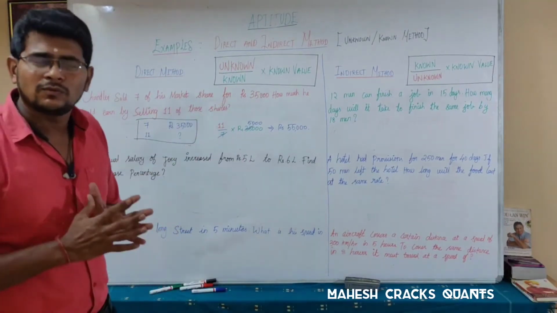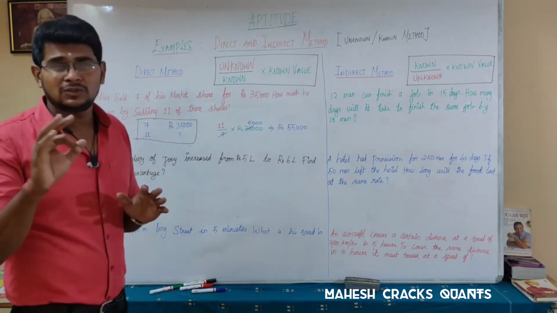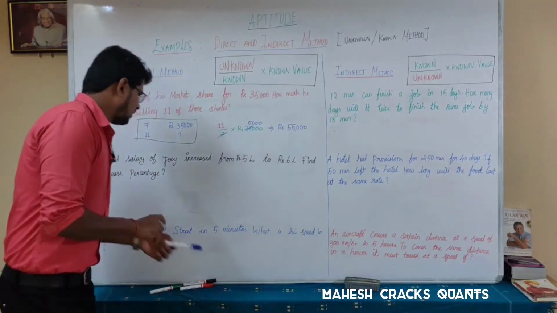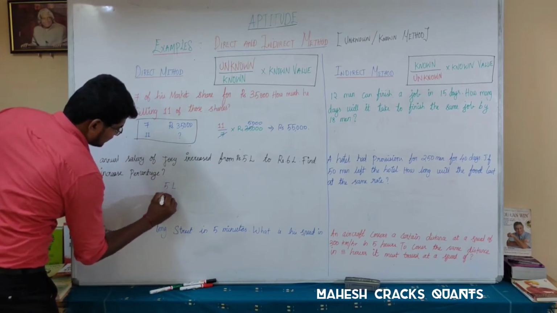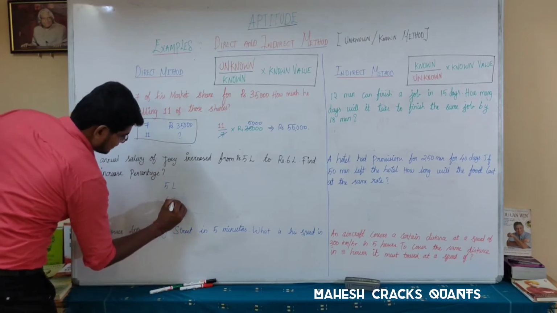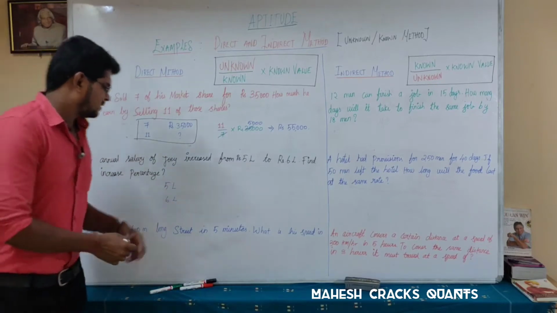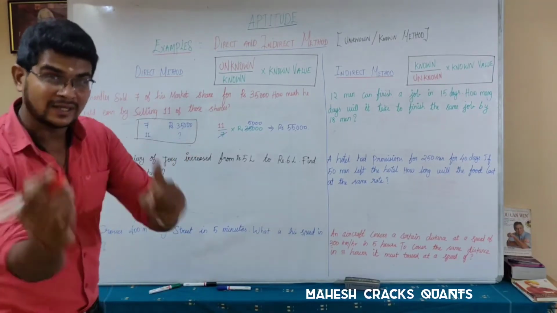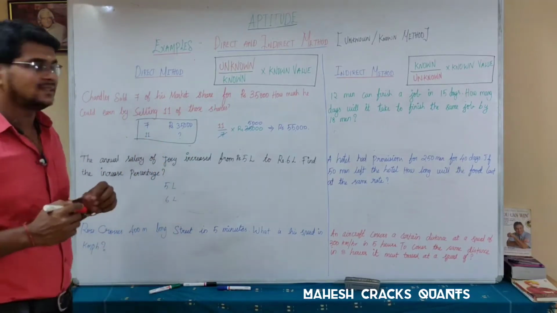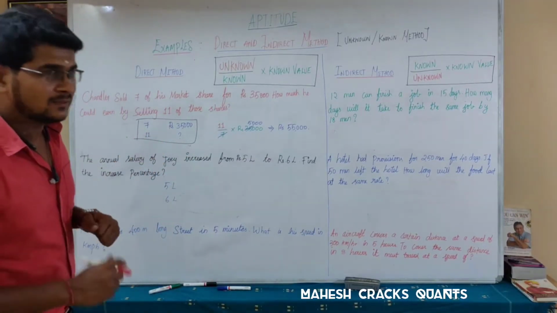But actually, for using unknown known, we should have three values. Here we have only two values, which are 5 lakh and 6 lakh, the same type of values. Where is the other value? You wonder where that other value is. That other value is hidden inside the question. Can you find it for me?